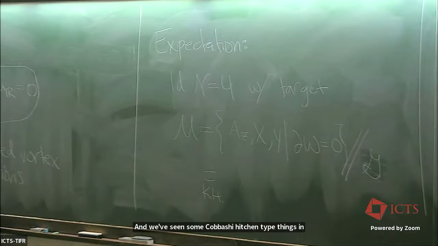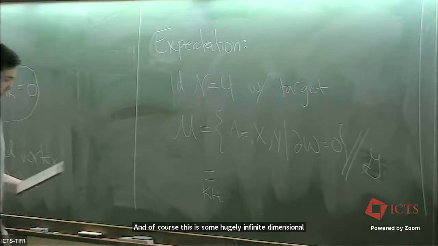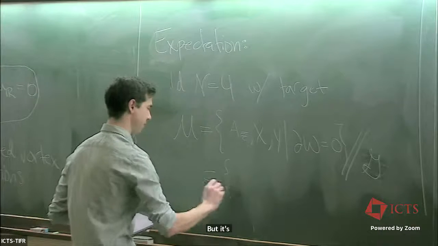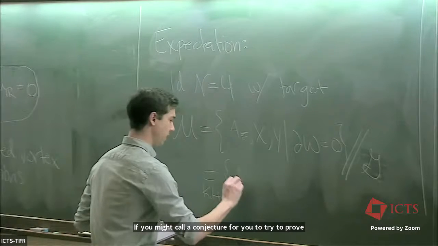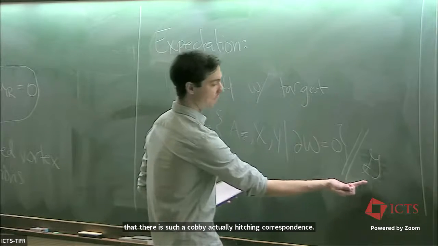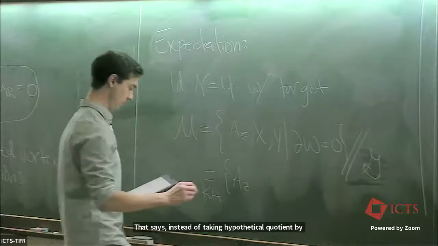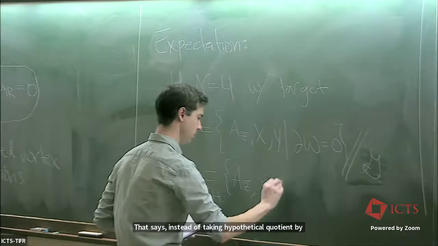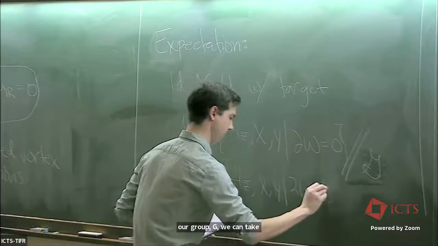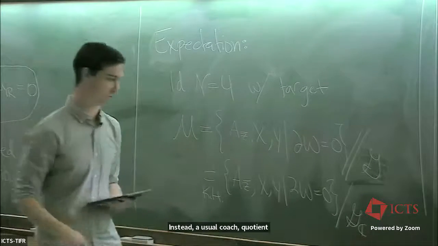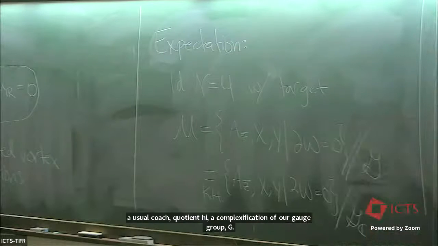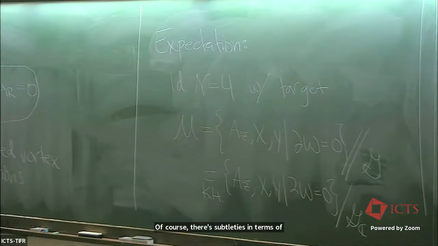Of course, this is some hugely infinite dimensional version of it, but it's, you might call it, a conjecture for you to try to prove that there is such a Kobayashi-Hitchin correspondence that says instead of taking a symplectic quotient by our group G, we can take instead a usual quotient by a complexification of our gauge group G. Of course, there are subtleties in terms of stability conditions, and that's going to go into very hard analysis of proving such a Kobayashi-Hitchin correspondence.